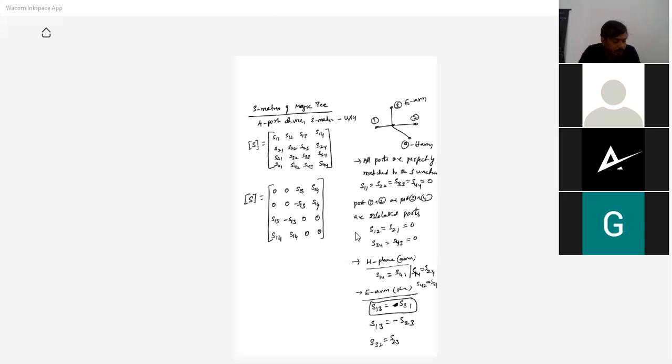Now you can solve this by using the matrix parameter properties, the unitary property. Then what is this one?